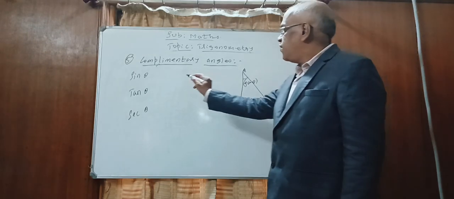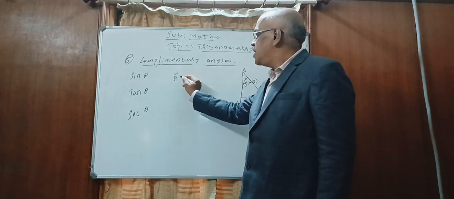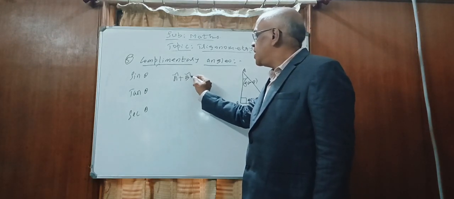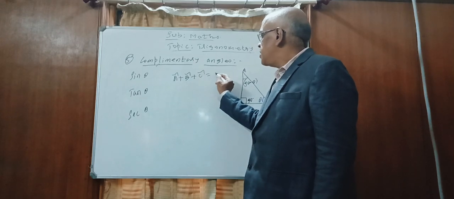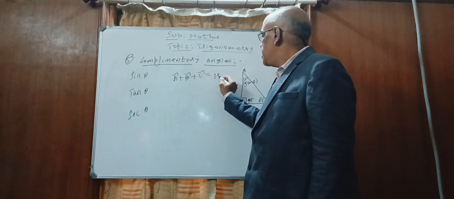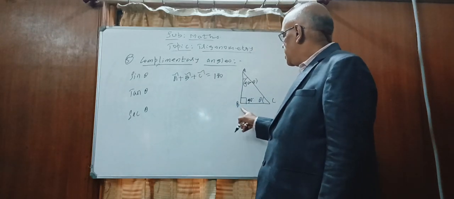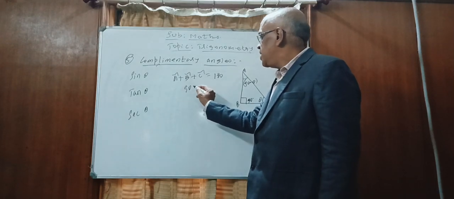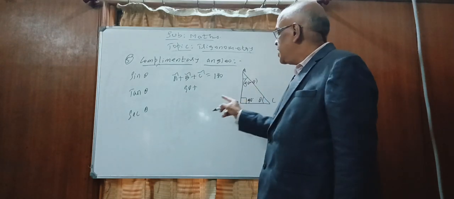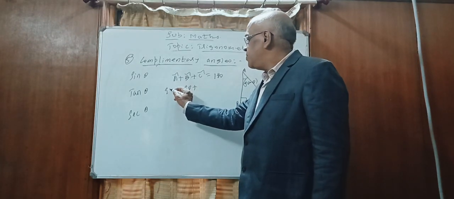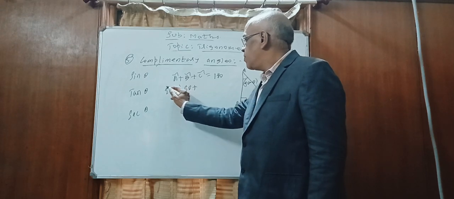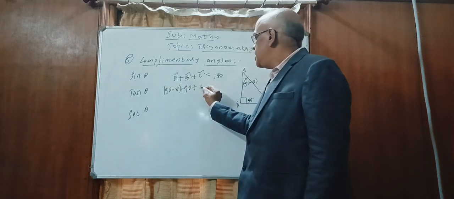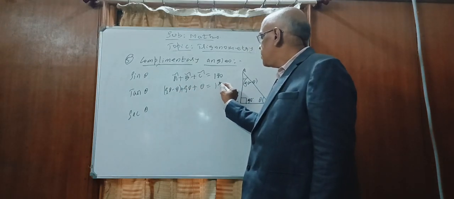Children, to avoid your confusion, again I will explain. In triangle ABC, A plus B plus C is equal to 180 degrees. B is 90 degrees. What is A? A is 90 minus theta. What is C? Theta.